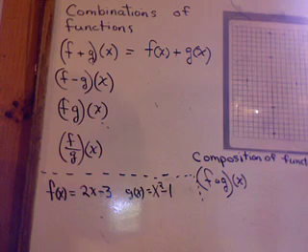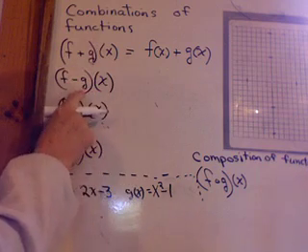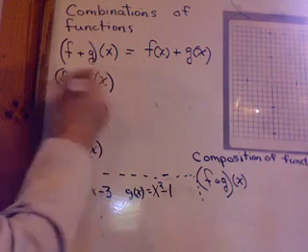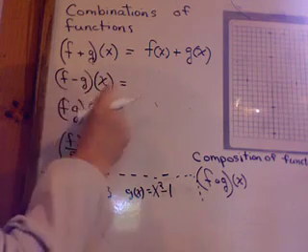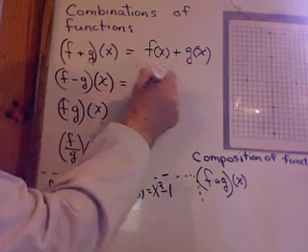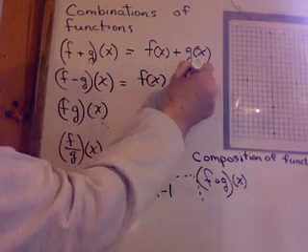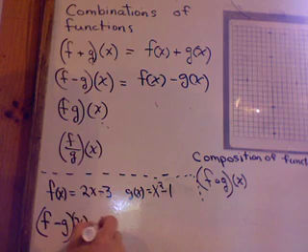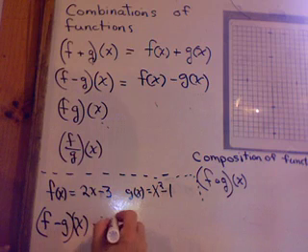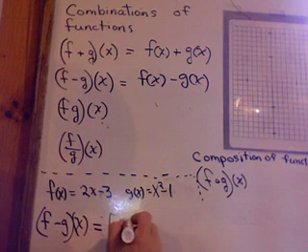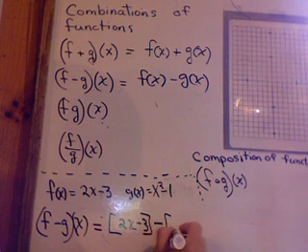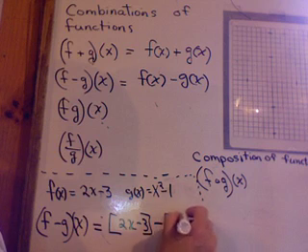Okay, let's do an example of a combination of functions with subtraction. Again, the old way that we would write this would be f of x minus g of x, but we're going to get used to the new notation. So f minus g of x means to do, I'm going to use brackets for the first step, 2x minus 3 minus x squared minus 1.